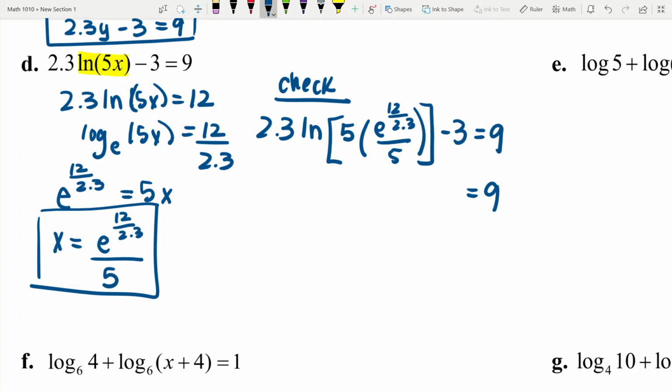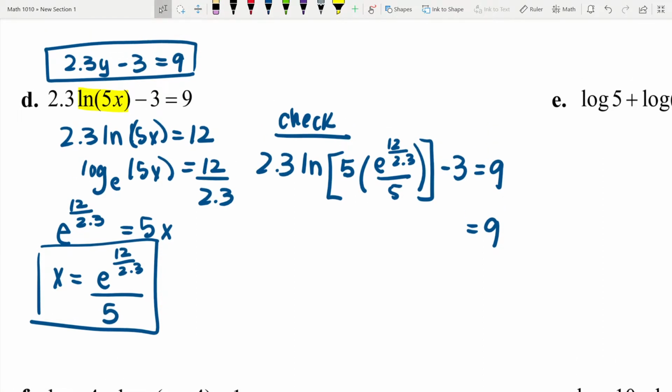So that I just put in is equivalent to about 36.89. Now when I put this in, where you see the x, hit the mem bar. So everybody go 2.3 ln 5 mem bar, enter, close it, minus 3, enter. I got 9 equals 9, and I know I'm right.